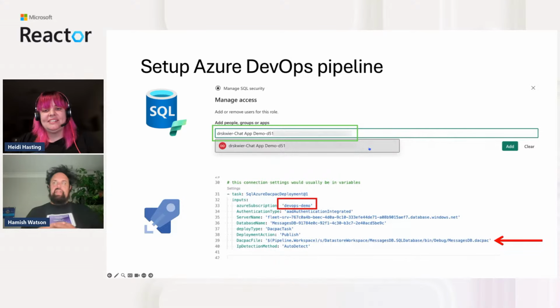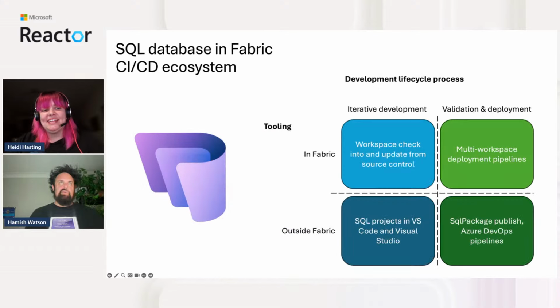What we're doing here is we can now use our publish action within Azure DevOps pipelines, and we can generate that DAC file and then publish it out to our Fabric workspace. And so this for me is where we're bringing in automation to the next level in terms of our deployments as part of ALM. So Heidi, tell us about the CI/CD ecosystem.